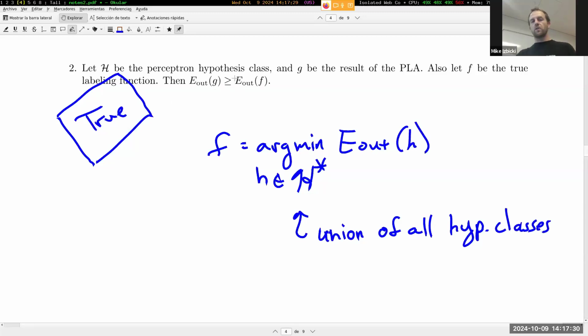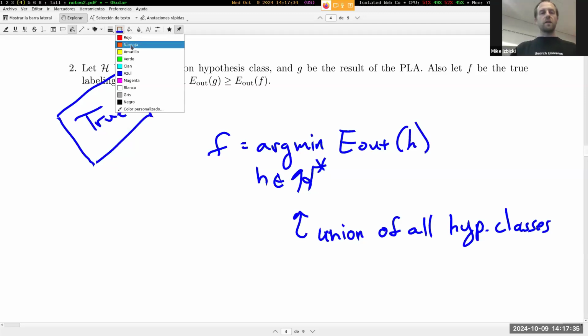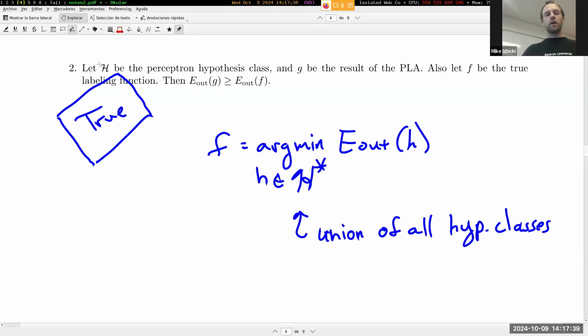And so the result immediately follows from that. The quiz was specifically about finite hypothesis classes, but that is true even when we're talking about infinite hypothesis classes.